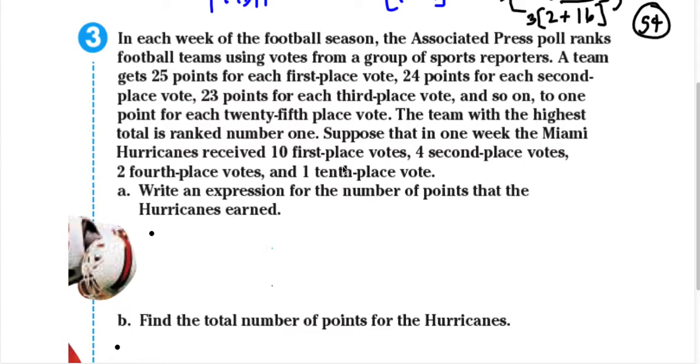The team with the highest total is ranked number 1. Suppose that in 1 week, the Miami Hurricanes received 10 first place votes, 4 second place votes, 2 fourth place votes, and 1 10th place vote. And this is exactly how they rank college teams before they even start to play.